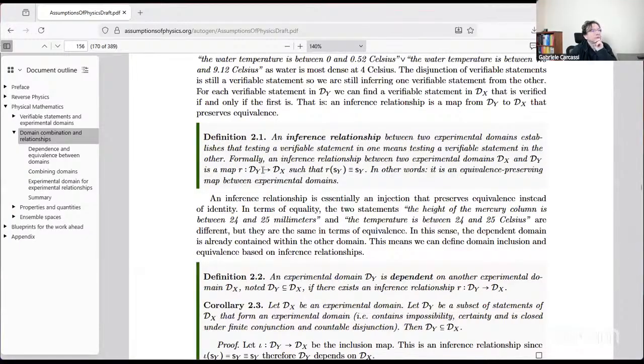The important thing to note here is we can do that because we have the context. These domains live in the logical context, and it's because they live in the same context that we're able to compare one statement to the other. Defining these objects by themselves, without the context in which they live, you wouldn't be able to know whether any map would be an inference relationship or not.